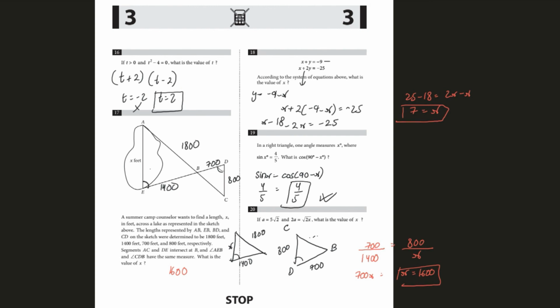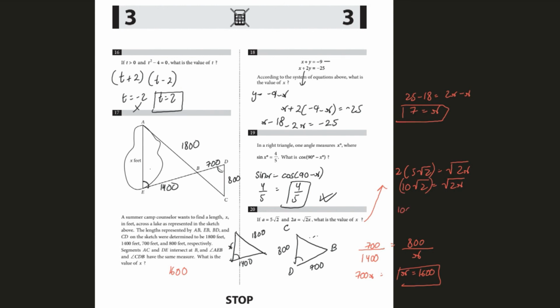Alright, moving on to the last question. So 5 root 2 is equal to root of 2x. First of all, 5 2s are 10, so 10 root 2 is equal to root of 2x. To remove this root, we will square both sides.